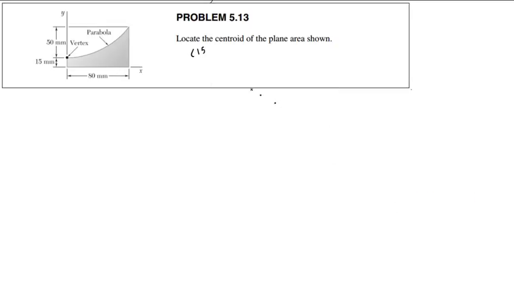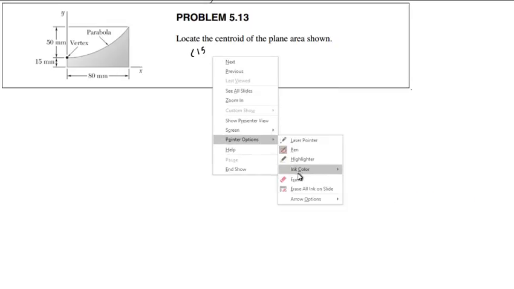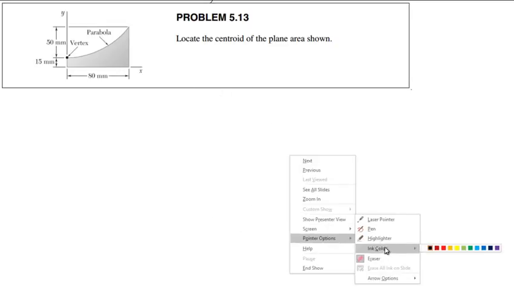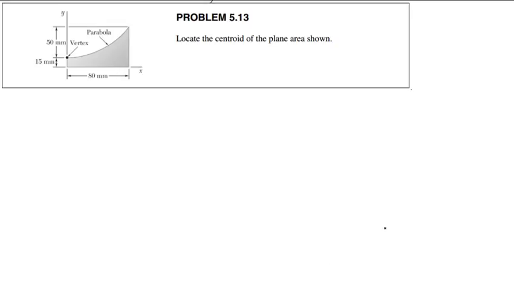So first thing I want to do is get the equation for the parabola. And this is how you would actually find the centroid of an unknown shape. If you don't know the shape exactly, you're going to have to derive the formula for the shape first. I know that a parabola is of the general form y equals ax squared plus bx plus c.